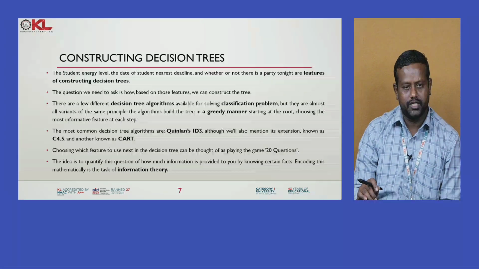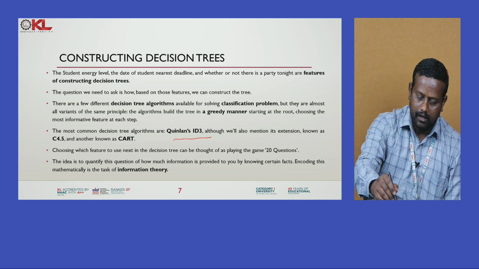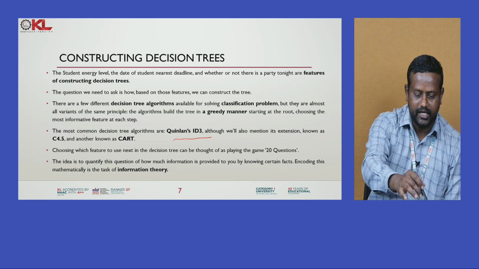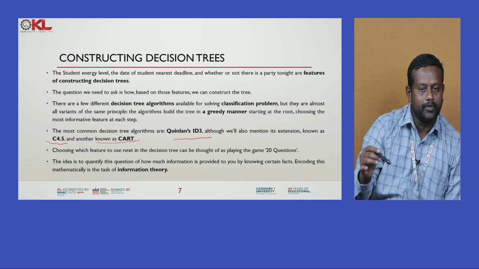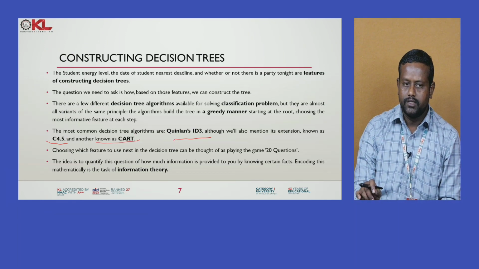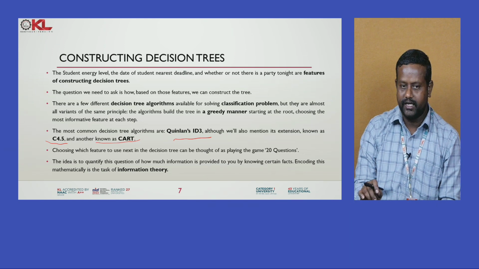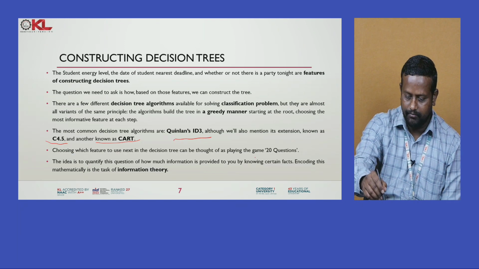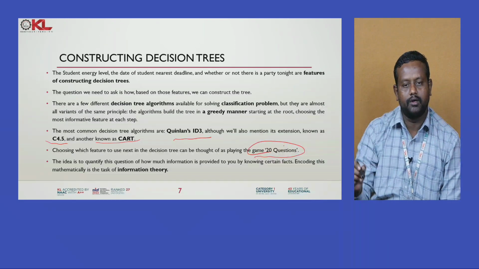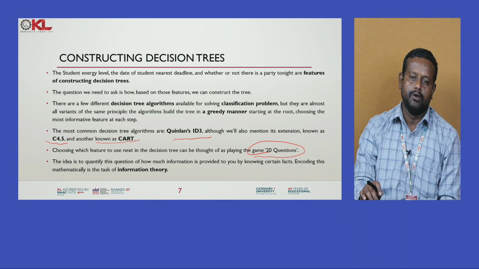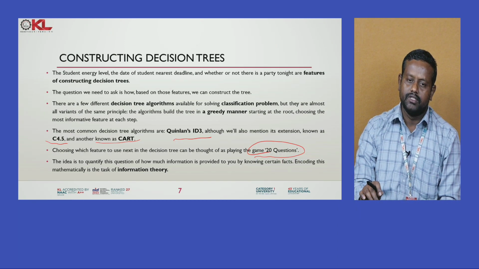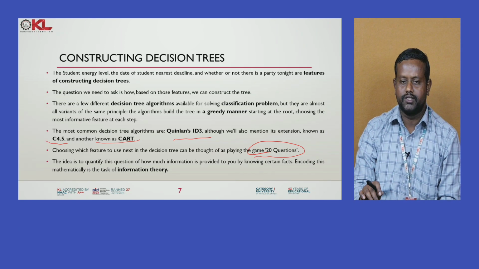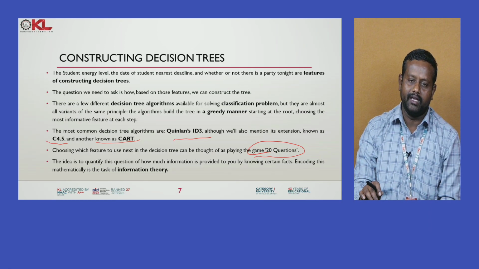The most common decision tree algorithms are ID3, its extension C4.5, and another one, CART. Choosing which feature to use next in the decision tree can be thought of as playing a game of 20 questions, or more than 20 questions, where we discuss a larger number of questions in how we play a game like that.